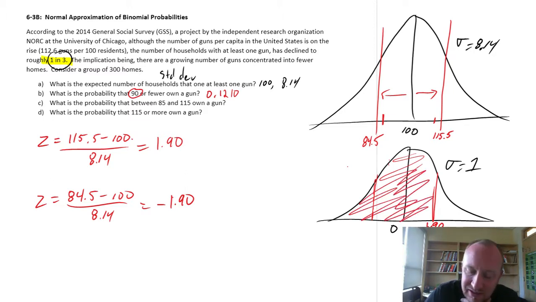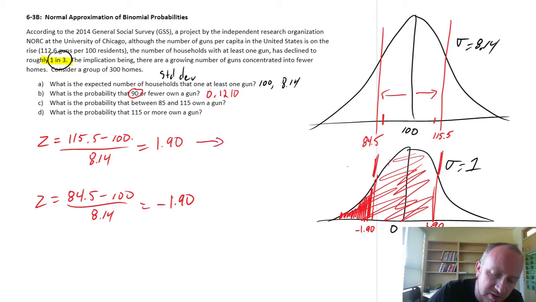But all we want is this piece in the middle between here and here. So we'll have to figure out the probability that corresponds to negative 1.9 and subtract that away, leaving us only that range, that probability of interest.